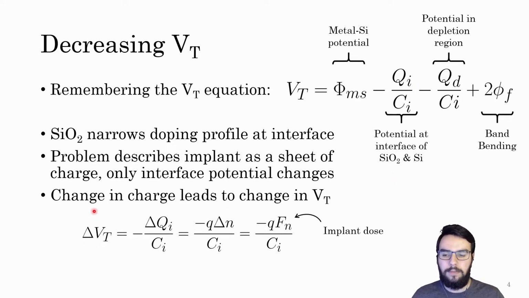So the change of threshold voltage is equivalent to the change in charge, and because the implant is singly charged, the dose is going to be 1-to-1 to this change of charge.